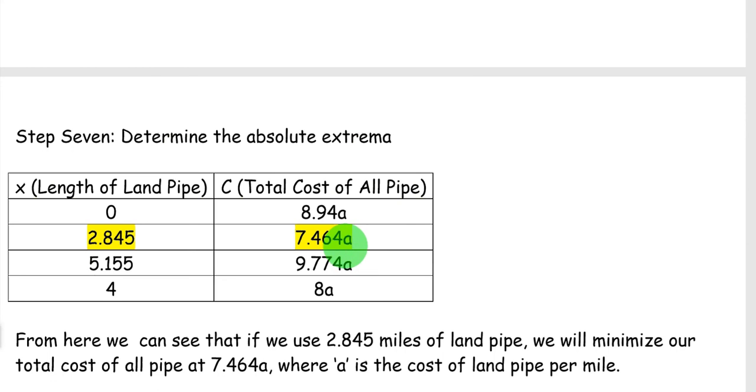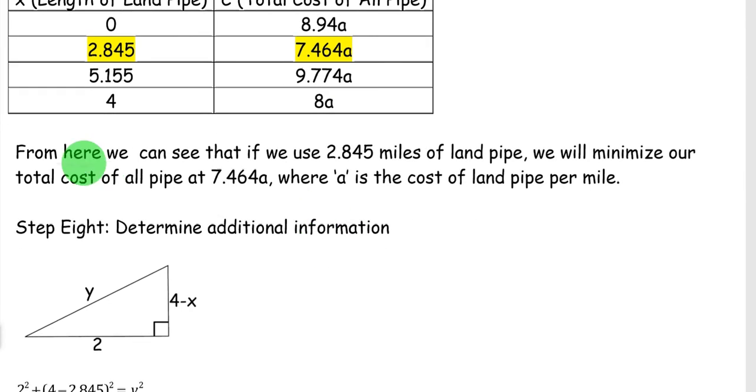So let's say it costs $1,000 per mile of land pipe, then our total cost would be about $7,500 total cost of the project. Now, obviously, it's going to be way more than that. Example. So from here, we can see that if we use 2.845 miles of land pipe, we will minimize our total cost of all pipe at 7.464a, where a is the cost of land pipe per mile.